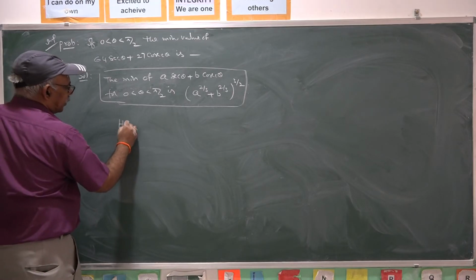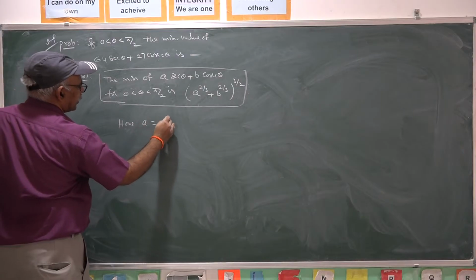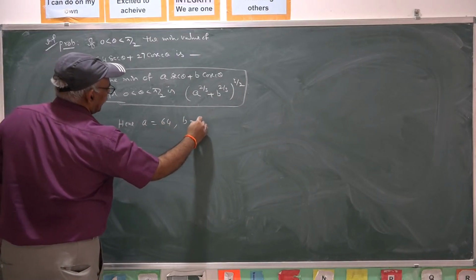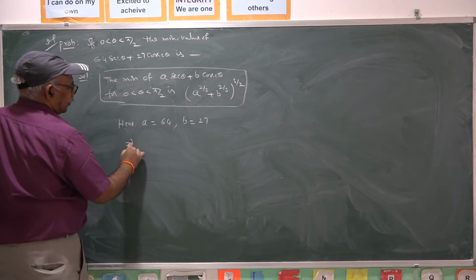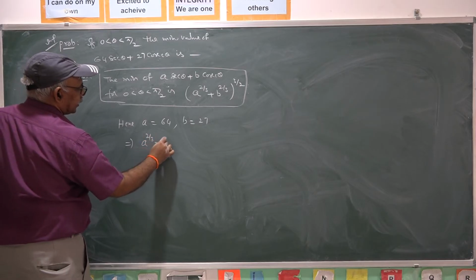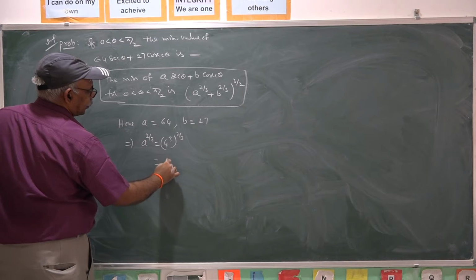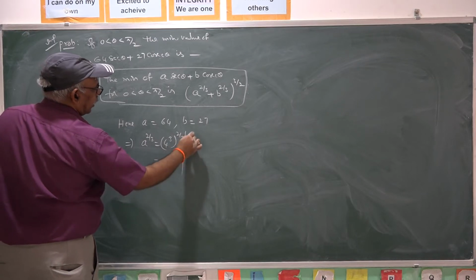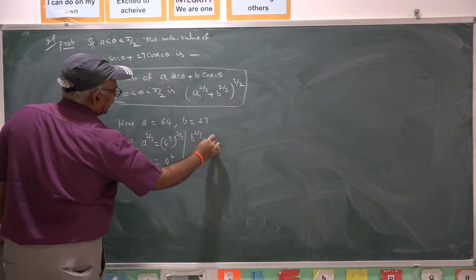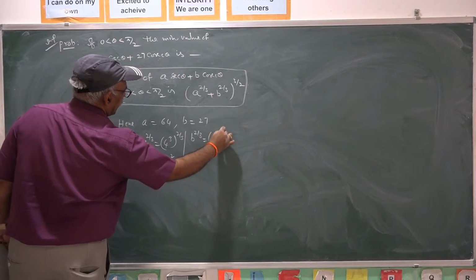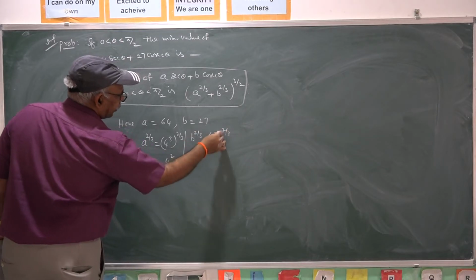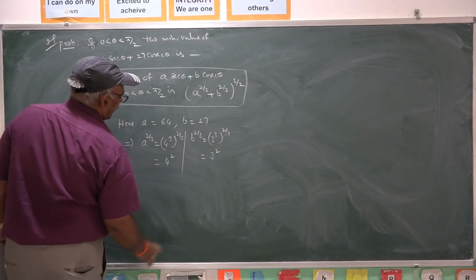So in this problem, A is given as 64, B is given as 27. So A power 2 by 3, that is (4 cube) whole power 2 by 3, that is 4 square. B power 2 by 3, that is (3 cube) whole power 2 by 3, that is 3 square.